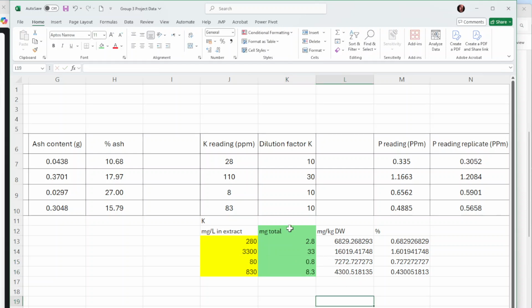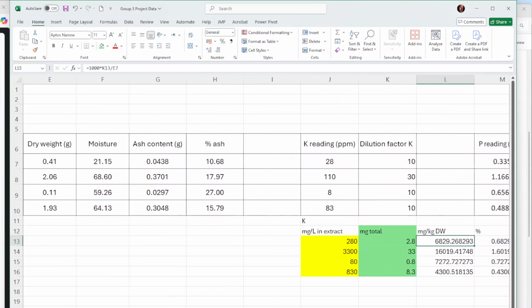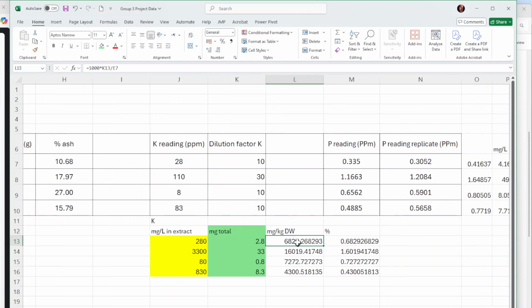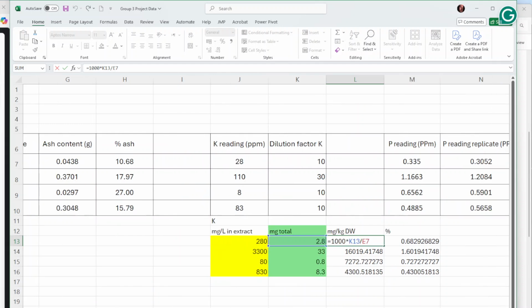Now the next thing is, this is the total milligrams, so you can divide these total milligrams by the dry weight. But I want my dry weight in kilograms, and my dry weight here is in grams. So there's a factor of 1000 here, and I multiply by 1000 and divide by the value of the dry weight.